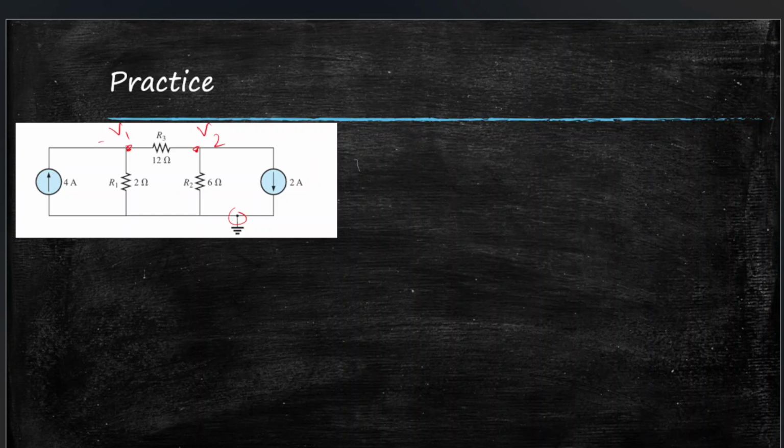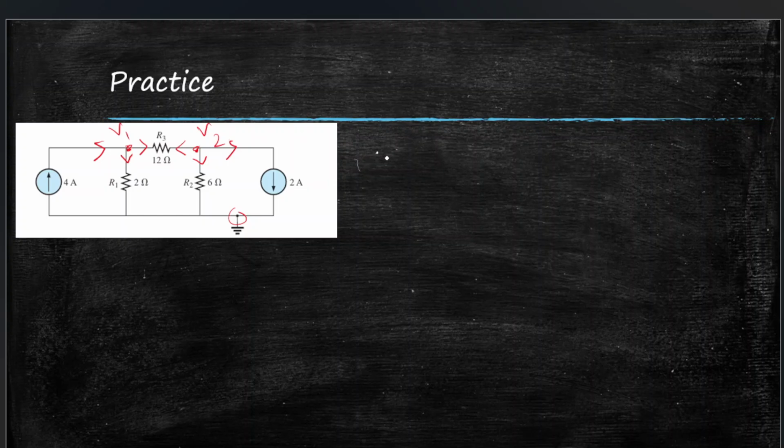Now current is entering this way, 4 amperes, and this will be current exiting, again current exiting, and this will be again also current exiting, 2 amperes will be exiting. Okay, that's our marking. Now let's start.